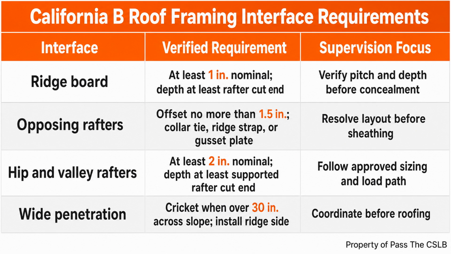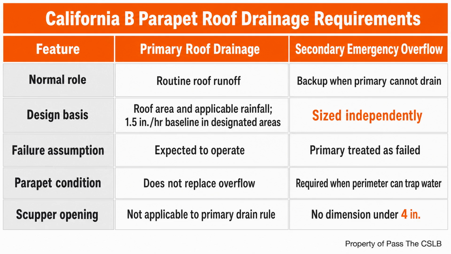The secondary system is not extra capacity that can be traded away by making the primary drains larger. When a parapet or similar perimeter construction can entrap water, secondary emergency overflow drains or scuppers are required. The secondary system is sized independently, treating the primary system as though it has failed. The drainage comparison table makes the independence clear.